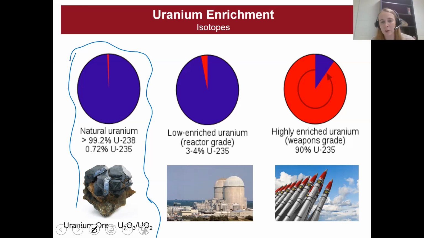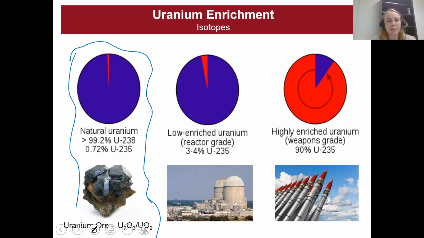There are safe, well, not safe, but there are non-war based uses for nuclear chemistry as well. Don't think that I relate nuclear chemistry to weapons all the time. It's not true. There are useful, beneficial uses for nuclear energy, like nuclear reactors.